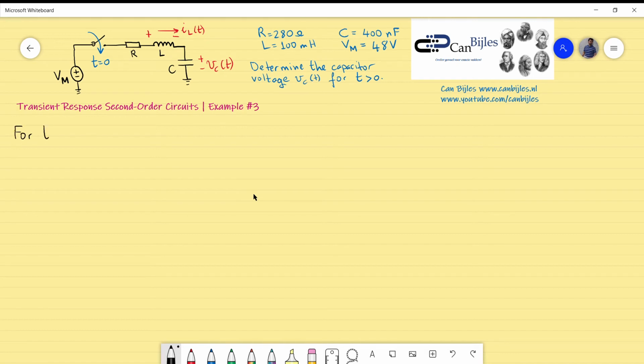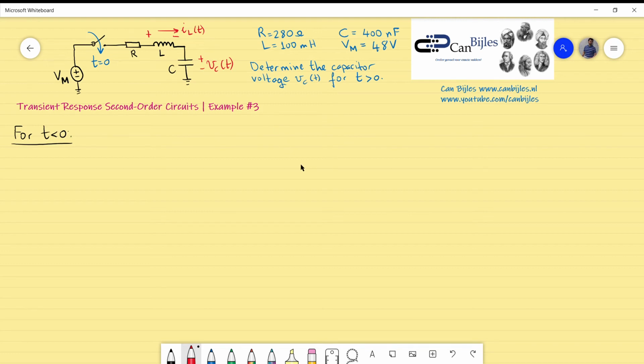This is the situation for time less than 0, before the switch closes. The current doesn't flow through the inductor, resistor, or the capacitor, so IL will be 0 and VC will also be 0, because there is no connection to any source.